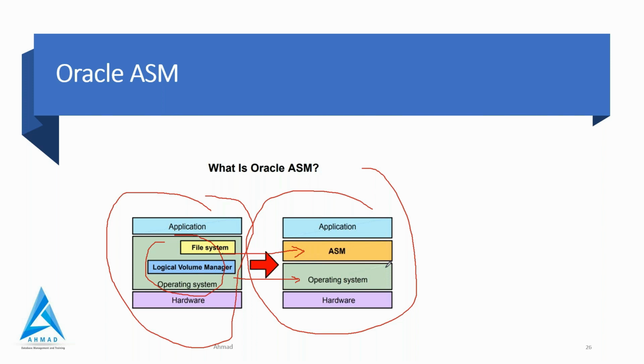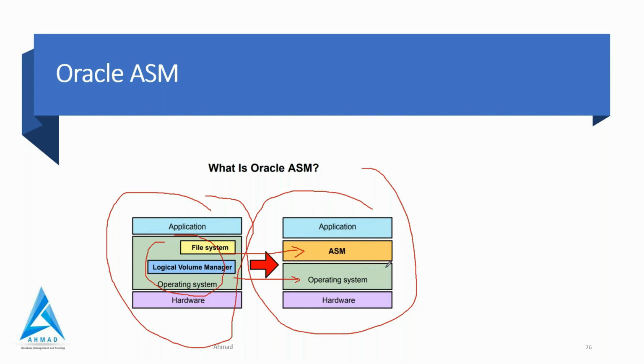ASM is able to avoid the overhead associated with the conventional file system and achieve native raw disk performance for Oracle data files and other file types supported by ASM. That's why ASM is better than logical volume manager and file system, because those create overhead, but ASM does not create overhead.